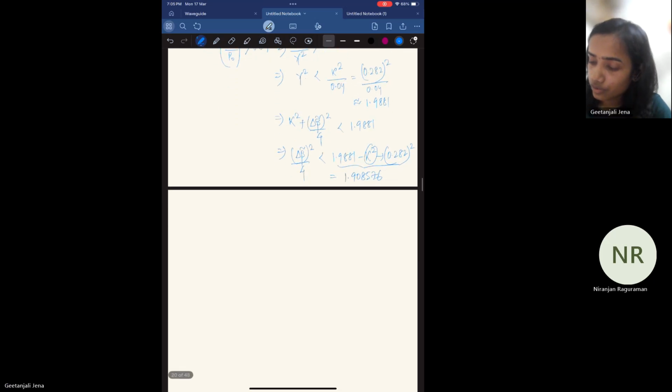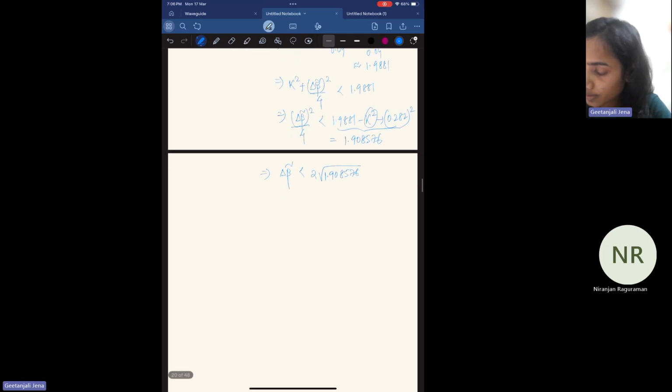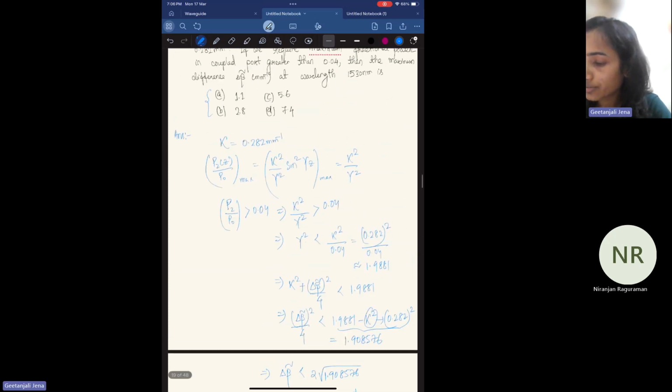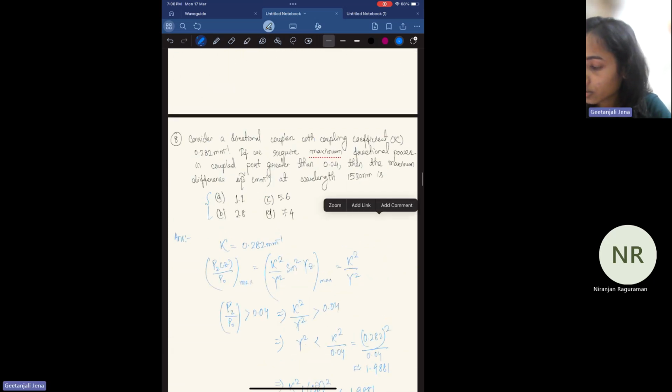Okay. So now we have what the question asks. Delta beta is less than 2 times the square root of 1.908576, which is 2.76 per millimeter. If we look at the options, this is closer to 2.8.